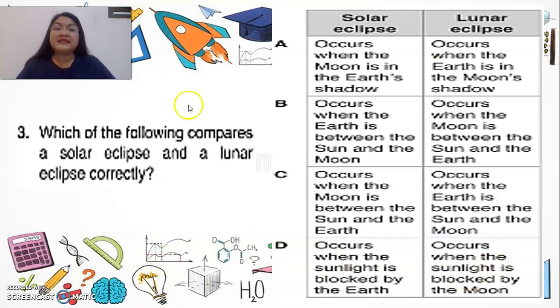So which is the correct difference? 3, 2, 1. The correct answer is letter C. Very good. Lunar eclipse occurs when the earth is between the sun and the moon, and solar eclipse occurs when the moon is between the sun and the earth.